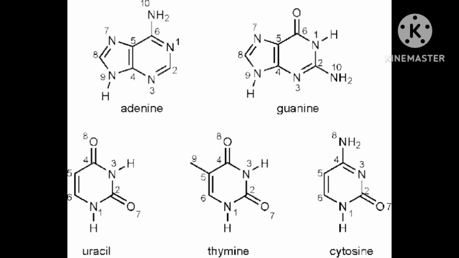Now cytosine. Here only one 6-membered ring is there. Only one ring is there, that is a 6-membered ring. Again you will find out of 6, 4 are carbon and 2 are nitrogen.